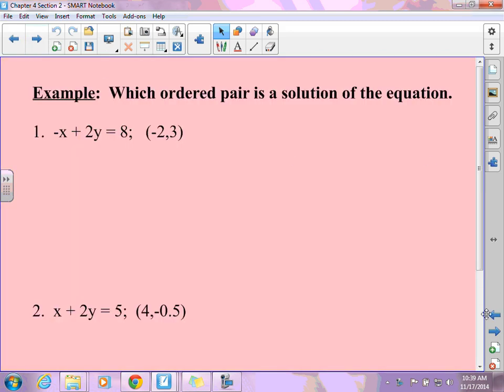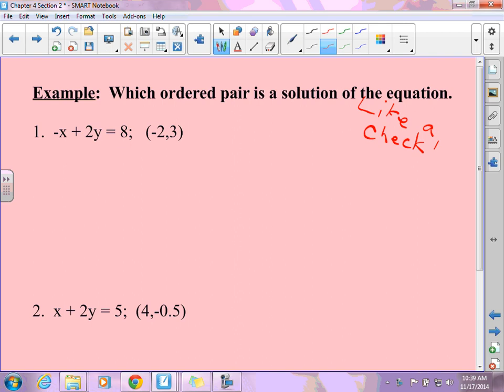All right, so when we do these types of problems, which ordered pair is a solution of the equation, this is like a check. And essentially what we're doing is, if I take a look at the equation, negative x plus 2y equals 8, that's a line.